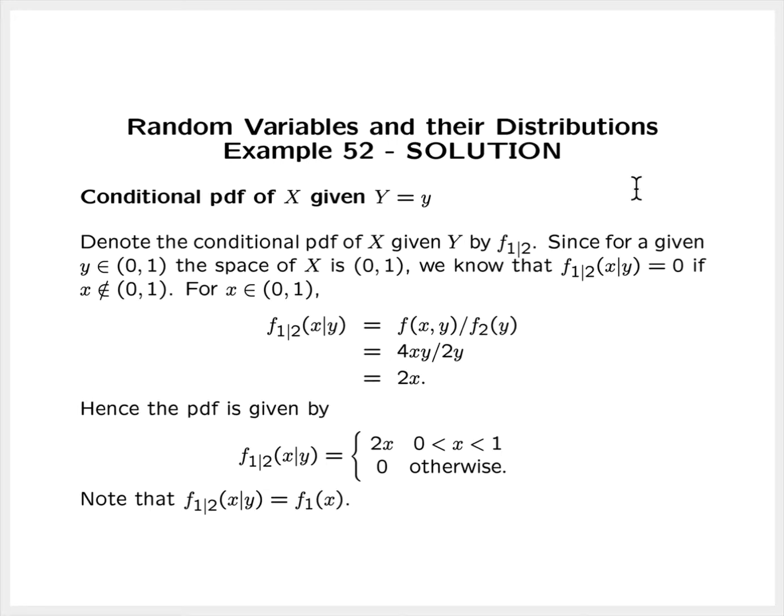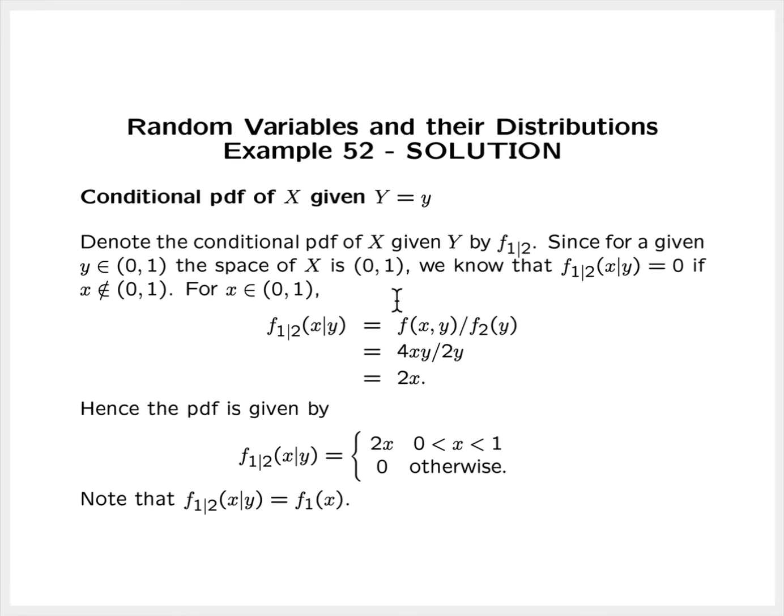Now, since for a given value of y in the unit interval from 0 to 1, the space of the random variable x is the unit interval as well, we know that the conditional PDF of x given y is going to be 0 if we evaluate that conditional PDF at any value of x that is not in the sample space of x. Now, for values of x that are in the unit interval, we have to do a little bit of work.